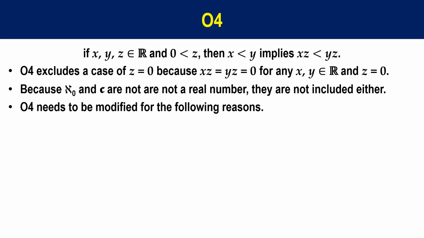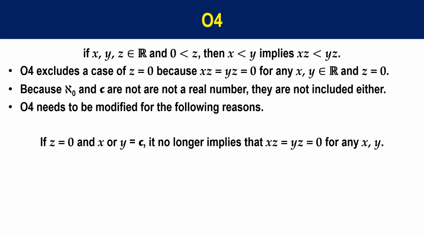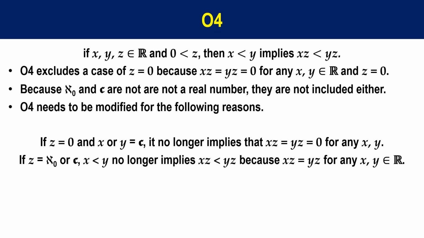And O4 needs to be modified for the following reasons. If z equals 0 and x or y equals C, it no longer implies xz equals yz equals 0 for any x and y. And if z equals Aleph null or C, x smaller than y no longer implies xz is smaller than yz because xz equals yz for any real numbers x and y.